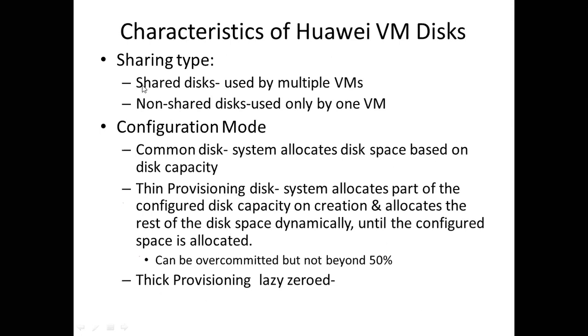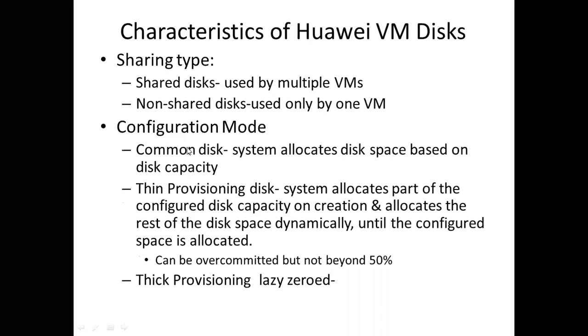If a disk is shared, it cannot be non-shared at the same time. Okay. So be careful of questions that would try to give you answers where they combine these different characteristics from different categories. Like for instance, you can be asked a question like, which of the following can be done on Fusion Compute?